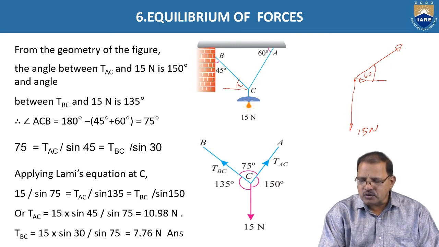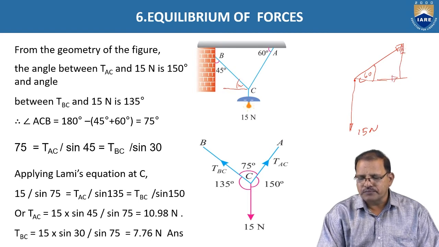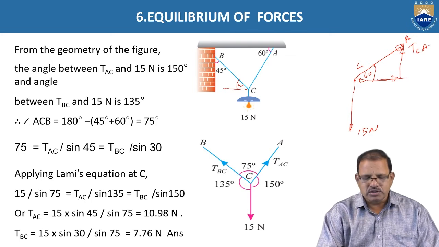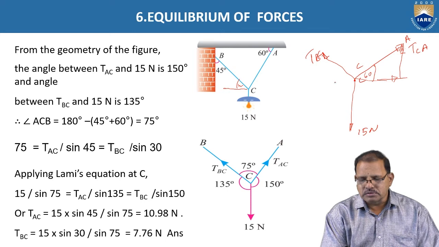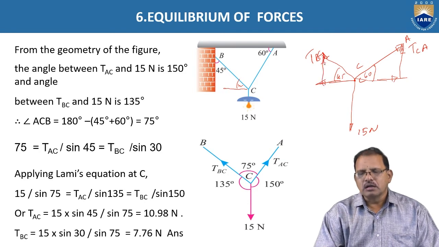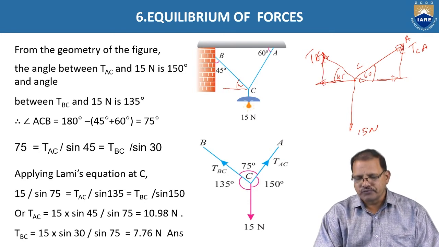Here it can be resolved in two components, toward the left side and upward. This force is represented as TCA, that is the tension. Similarly, in BC, it is represented as TBC. The inclination is 45 degrees, and when it is resolved, it has components toward the left side and upward.